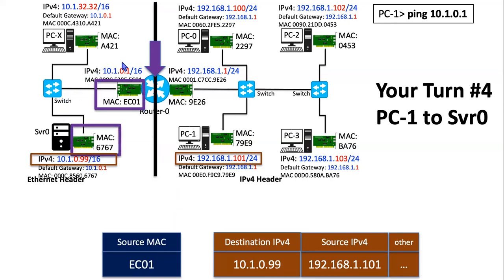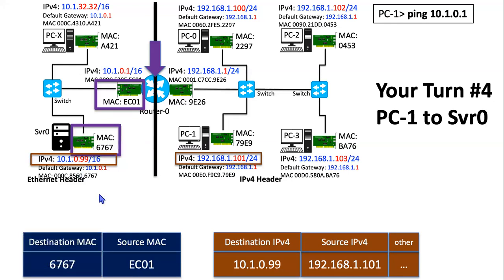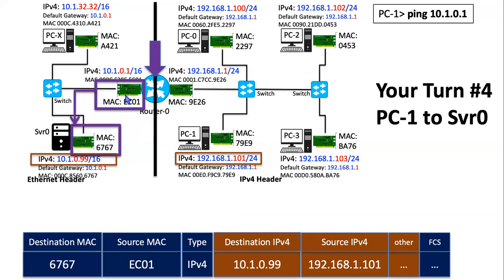We share the same network. We'll talk about this later in routing, but I'm able to send it from my Ethernet NIC card to your Ethernet NIC card. Okay. And it's IPv4 and frame check sequence. And there we go. From this NIC card to this NIC card. Same IP packet. Okay. Different Ethernet frame.